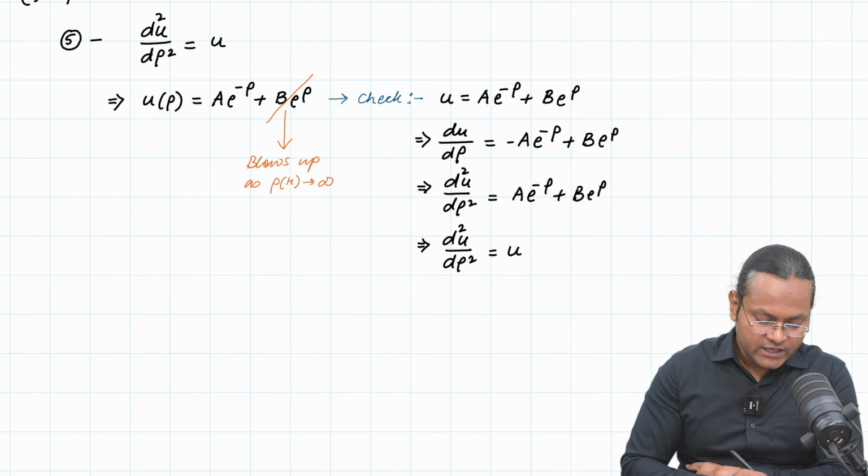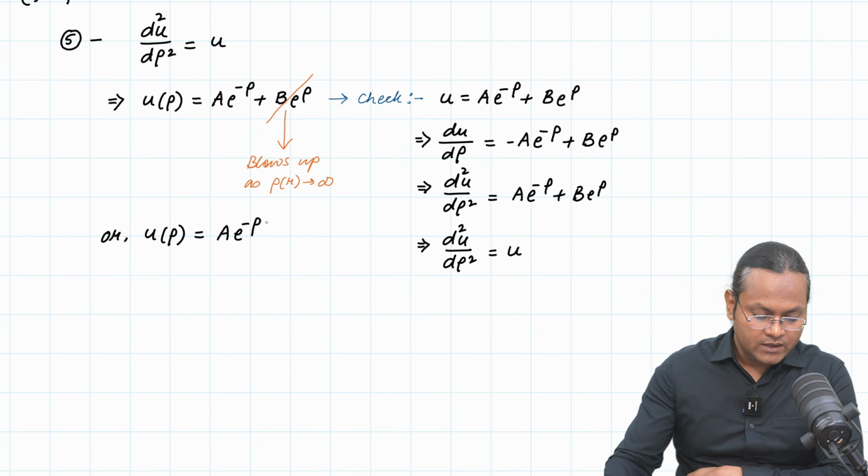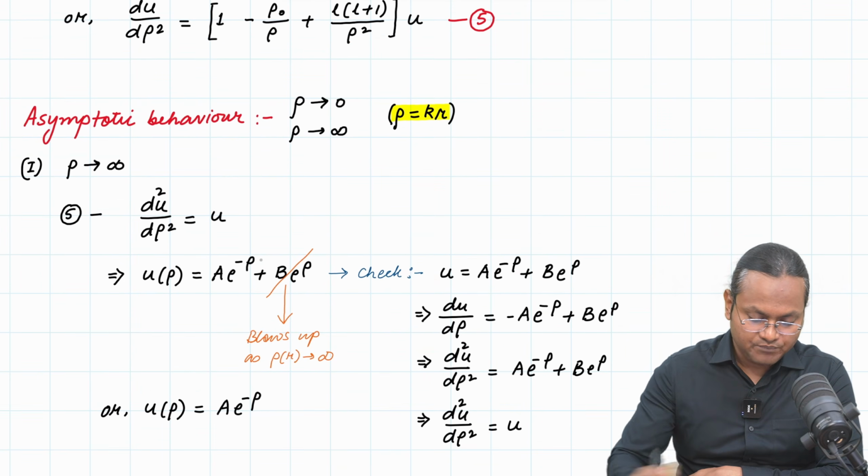So the only acceptable solution that we can use is a e to the power minus rho. Let's say that this is point number 6.